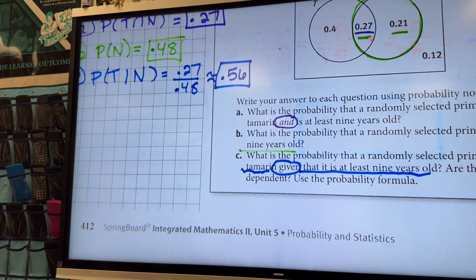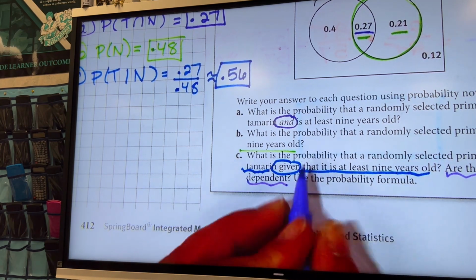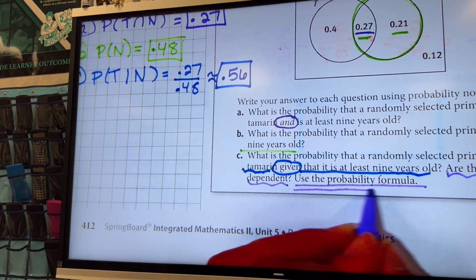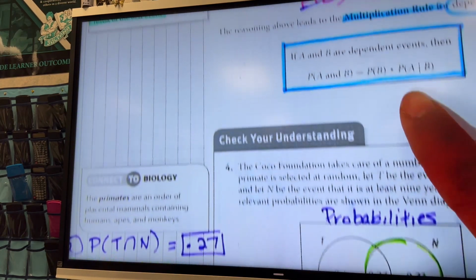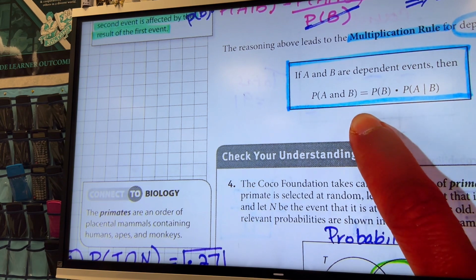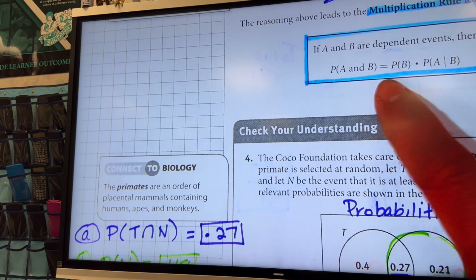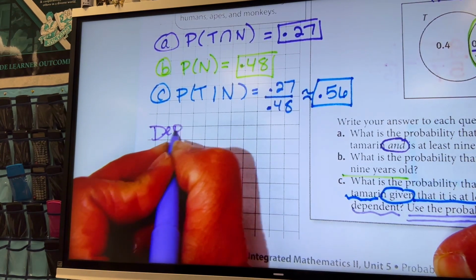Then it says, are the events dependent? It says to use the probability formula. So the formula they want us to test out is this one. Because if they are dependent, won't this be true? Yeah. So this is our test. So we need to do a dependent test.